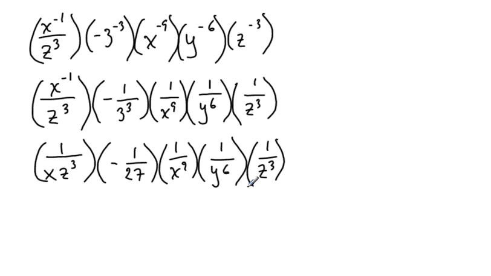Next up, what we're going to do is group our like terms together, and therefore we have all ones as our numerators, and we have one negative, so we're going to wind up with a negative for our answer, and we're going to have a 1 here as our numerator. So we have an x.